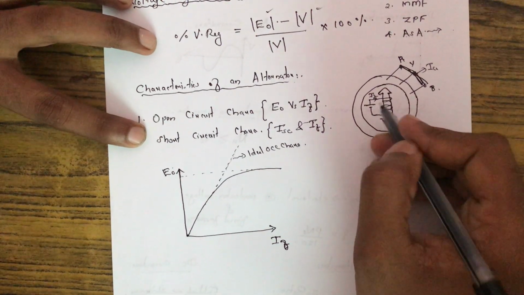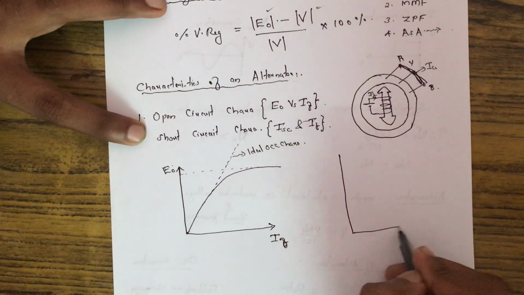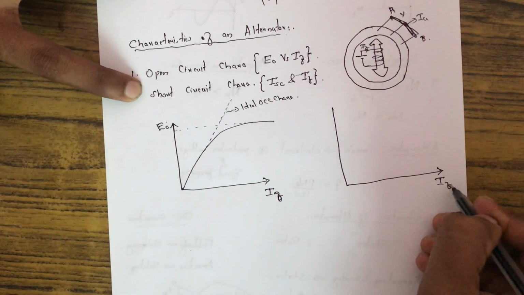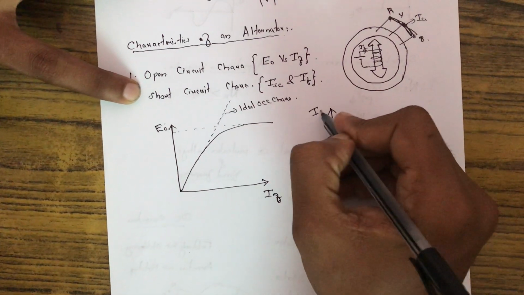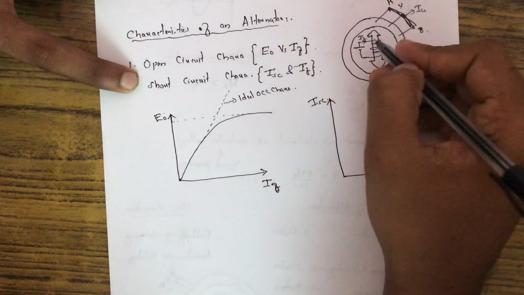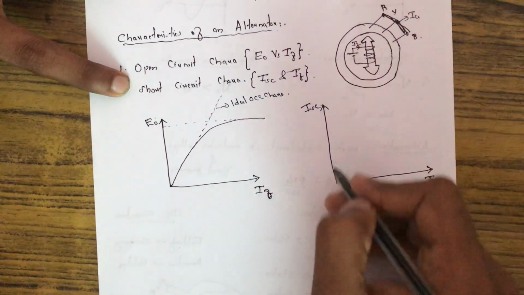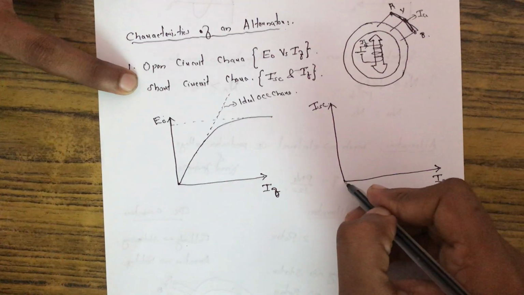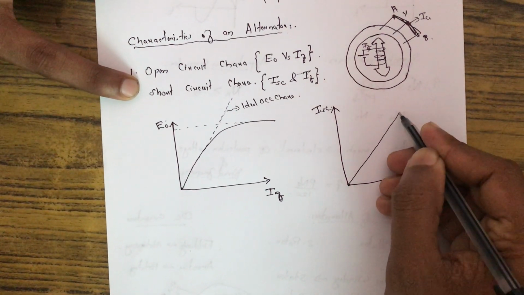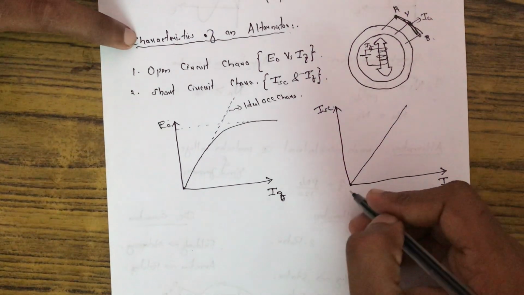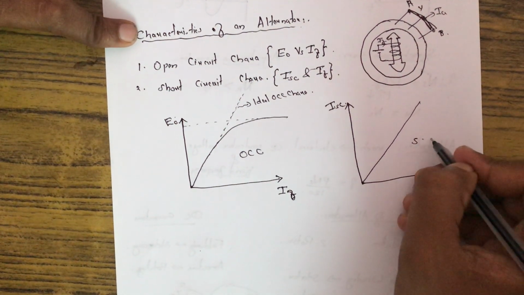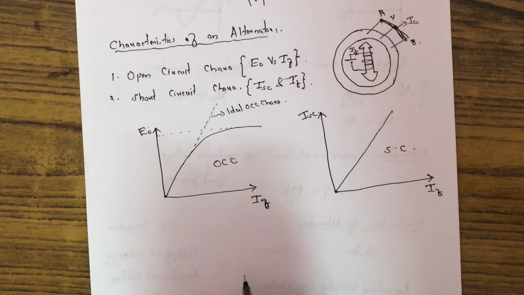Whenever I am increasing the field current, the short circuit curve is plotted between the field current IF and ISC, the short circuit current. If the field current is 0, there will not be any induced EMF and the current will also be 0. If I am increasing the field current, the short circuit current will also increase. So it will be a straight line passing through the origin. So this is the OCC curve, and this is the short circuit curve of an alternator.